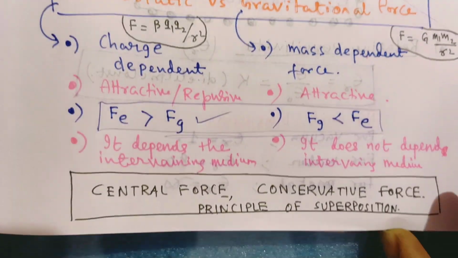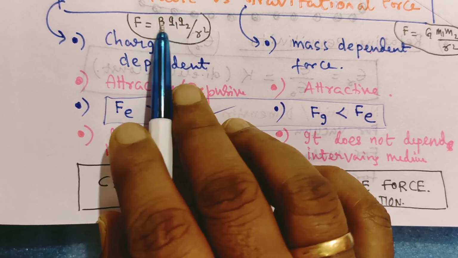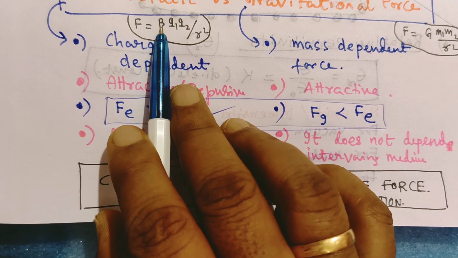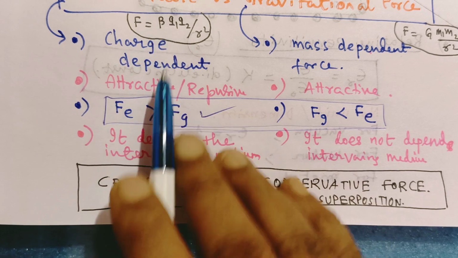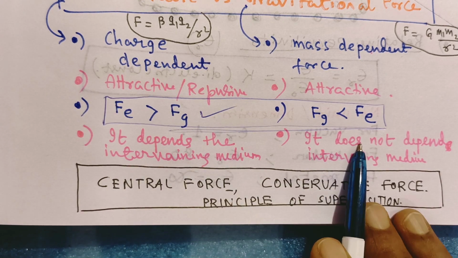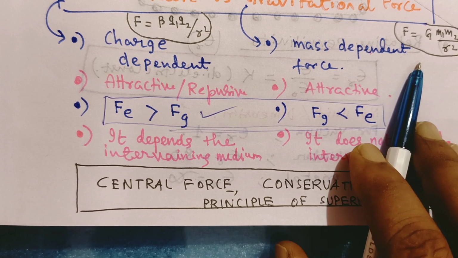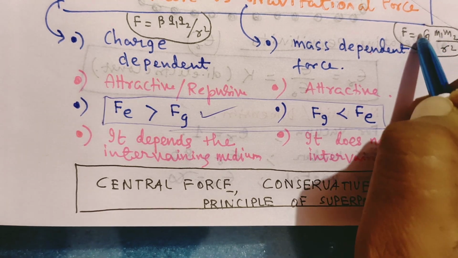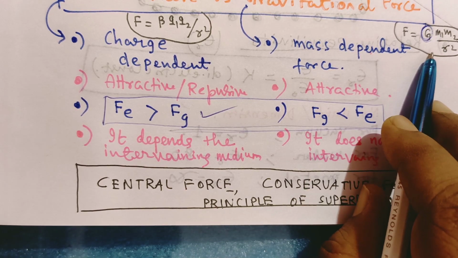Now the next property: the electrostatic force depends upon the intervening medium because the proportionality constant depends upon the intervening medium. So if the medium changes, the electrostatic force changes. But in the gravitational case, there is no change in gravitational force if the medium changes, because the proportionality constant is known as a universal constant. It does not change if the medium changes.